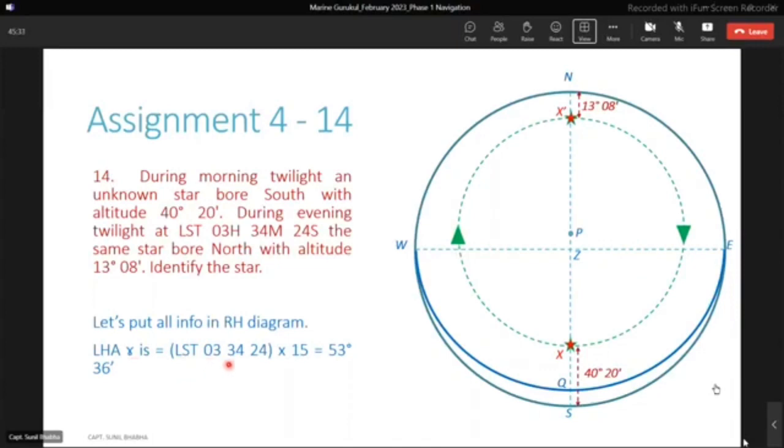And this is exactly what LST is. So multiplying the LST by 15, we get the value of LHA Aries, which is 53 degrees 36 minutes. Go ahead, beta. Sir, do we need to mark the LHA Aries on this diagram, sir? We will, beta, we will mark it now.